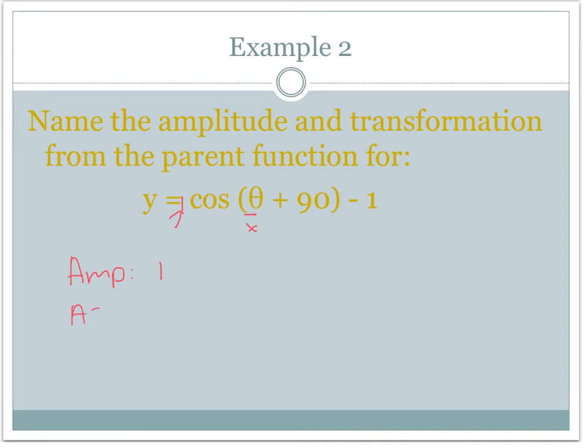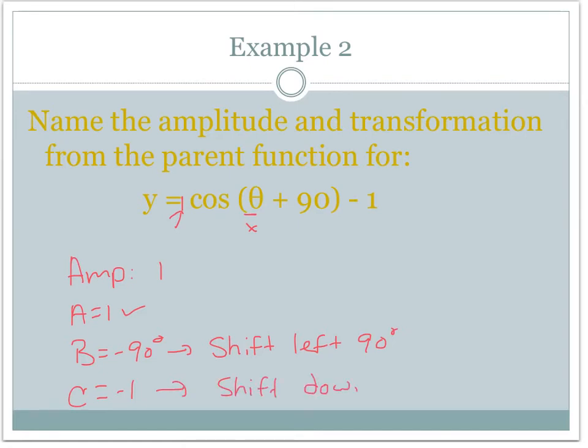Well, a is equal to 1, so that doesn't do anything. 1 is just standard, right? B is equal to negative 90. So this is going to shift left 90 degrees. C is equal to negative 1, so this is going to shift down 1 unit. That's it.